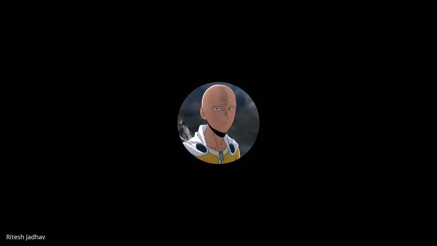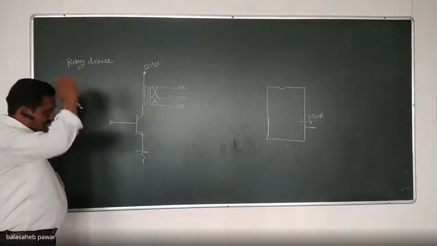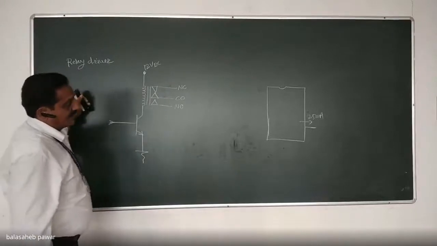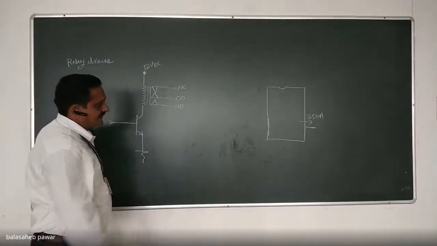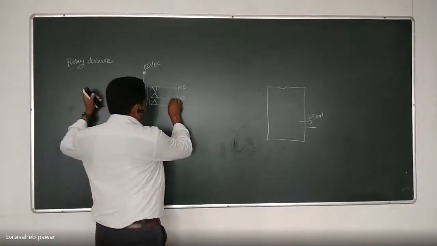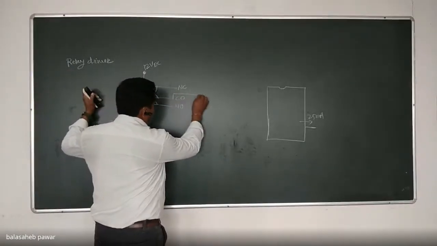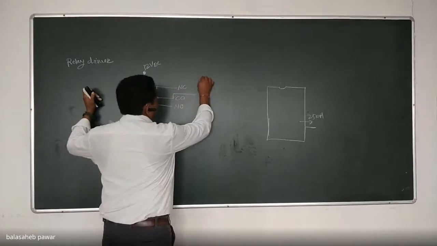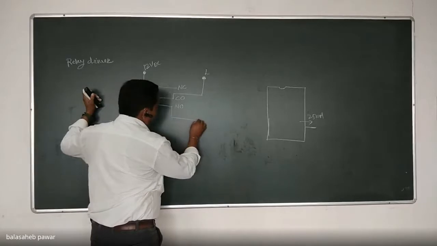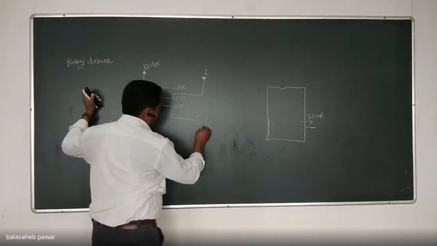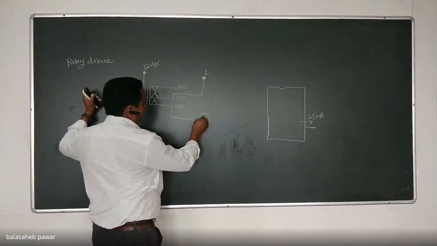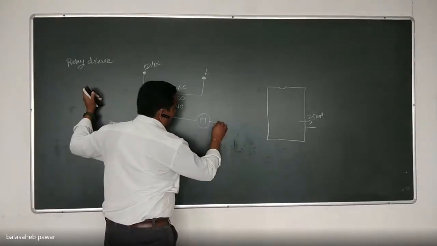Yes. Okay. Now see how we will isolate our microcontroller, or that complete controlling circuitry, from the high power side. Suppose this changeover I connect to the mains supply, that is the live terminal, and this NO I connect to the motor, if this is our single phase AC motor, with respect to neutral.